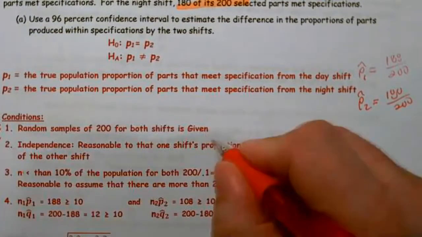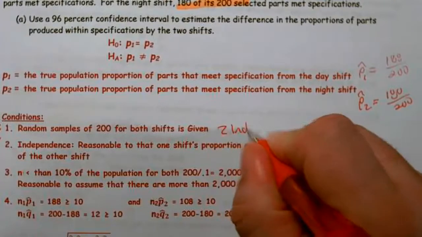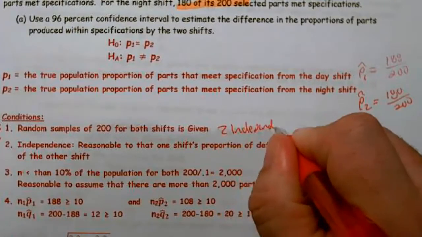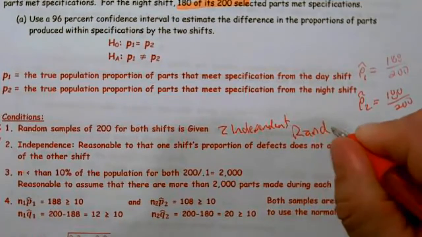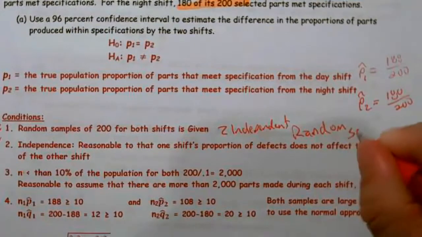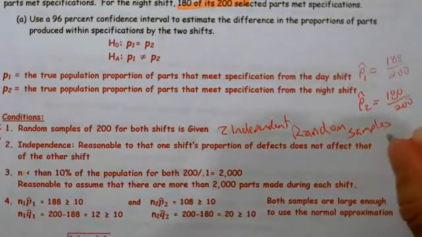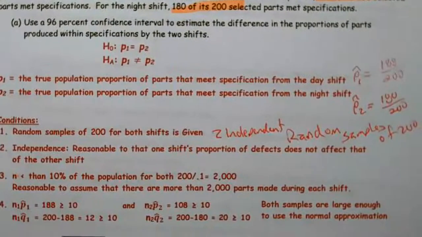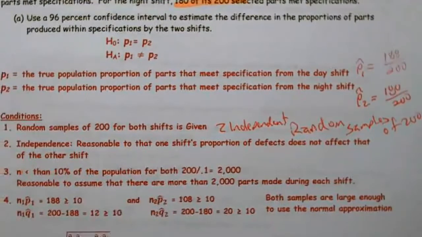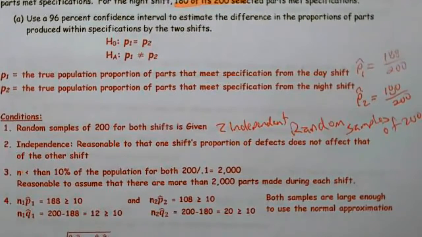And if I say, hey, you know what, we have two independent random samples of 200, I can combine these two conditions together, and I'll be taken care of. But only in the case of independence can you combine with the random. And that's only the case for two samples.